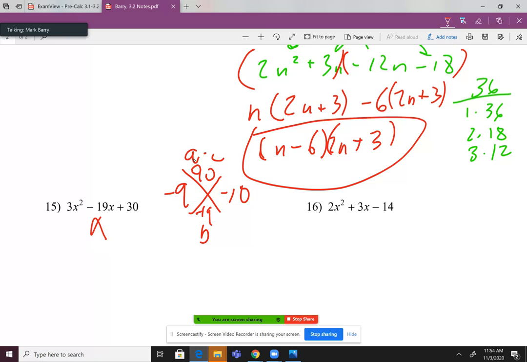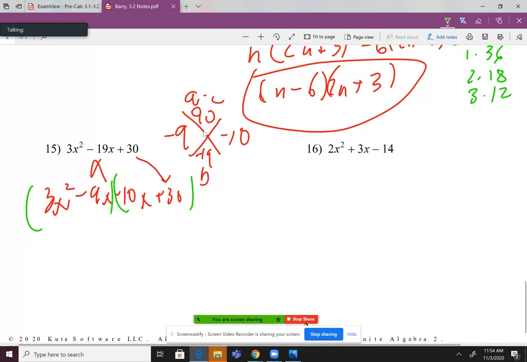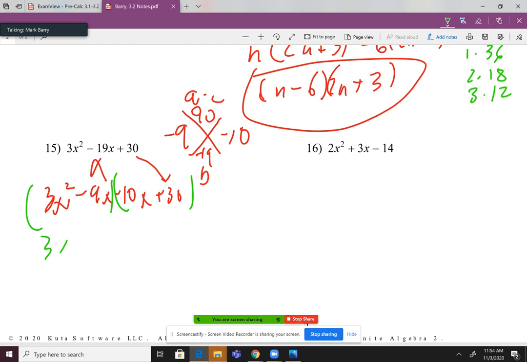Okay, so we'll split this up. 3x squared minus 9x minus 10x, and then plus 30. First group, we can take out a 3x, which leaves me with x minus 3.